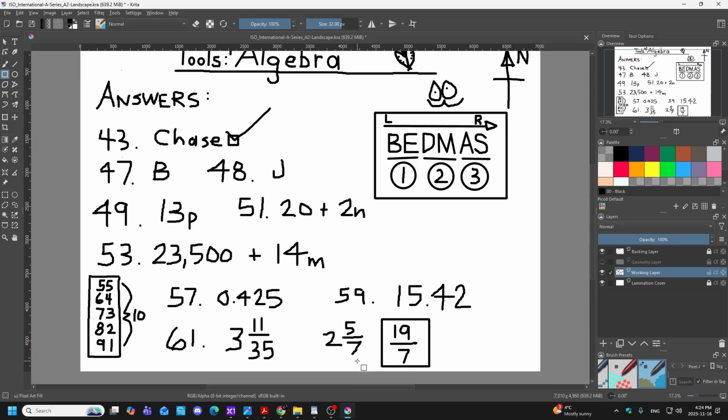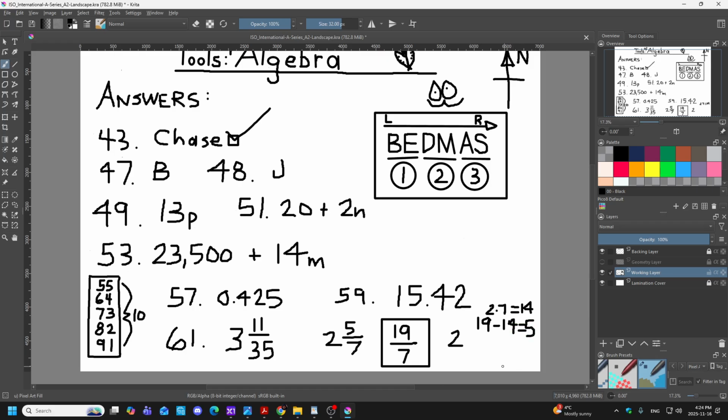So to get that answer, like here, for example, you go, how many times does 7 go into 19? Well, 2 times, right? Because 2 times 7 is 14. And then you take that 14 and you subtract it from 19, which equals 5.